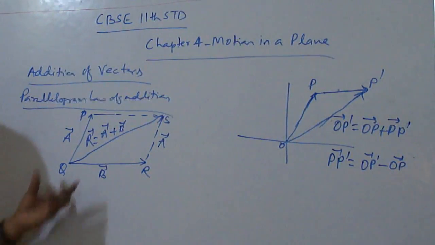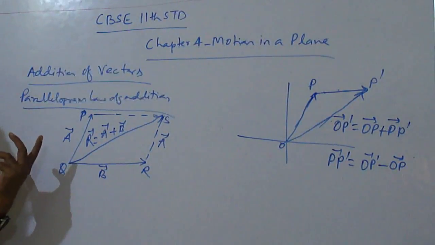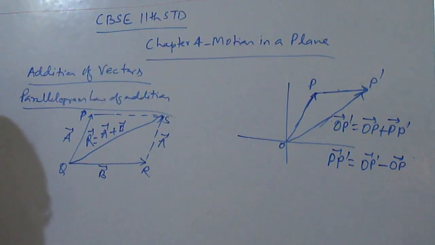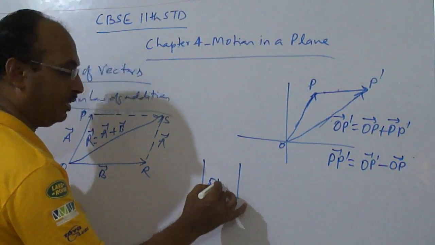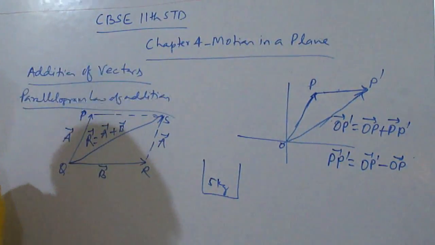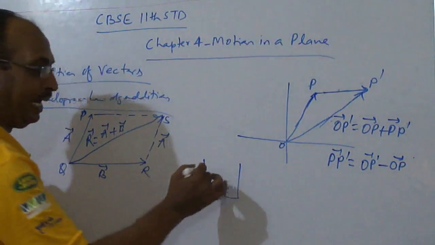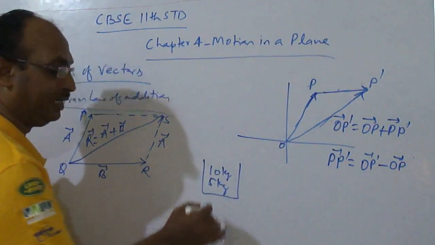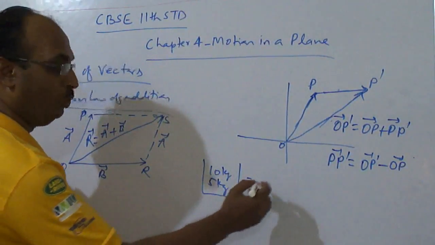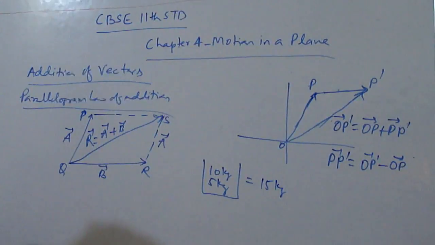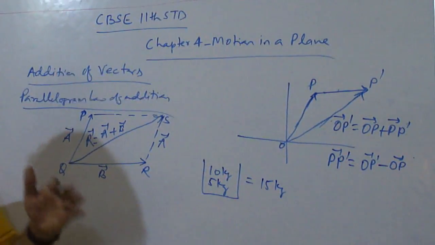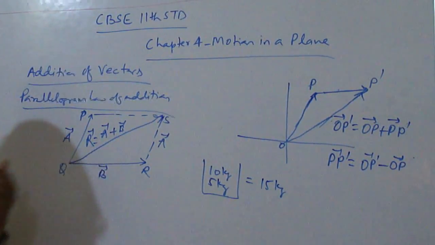Vector addition is different, you have to understand. Suppose you have 5 kg of some object in a container, and you add 10 kg more, and when the total is asked you say 15 kg. Simply we are adding 10 plus 5 and it becomes 15. But that type of addition is not there in vectors. In vectors it will be different.